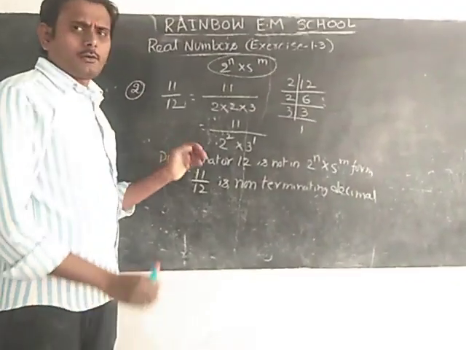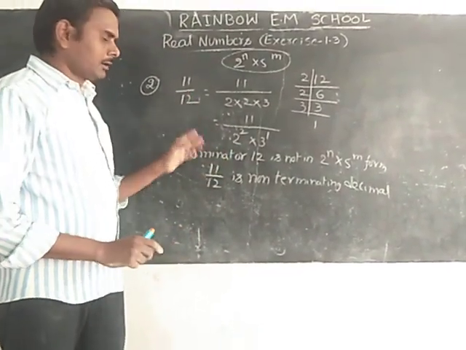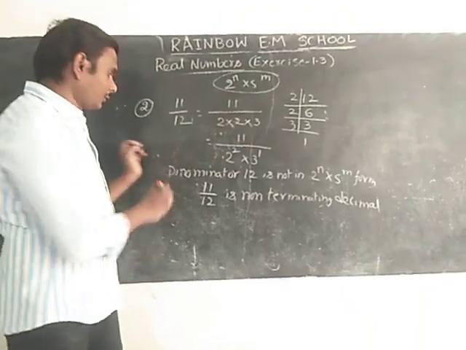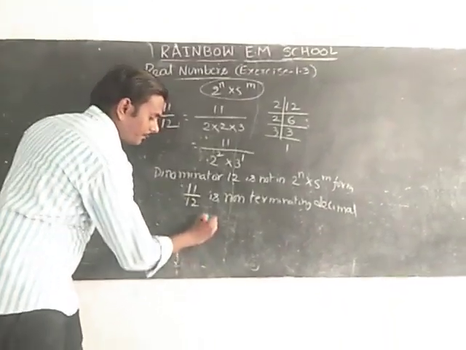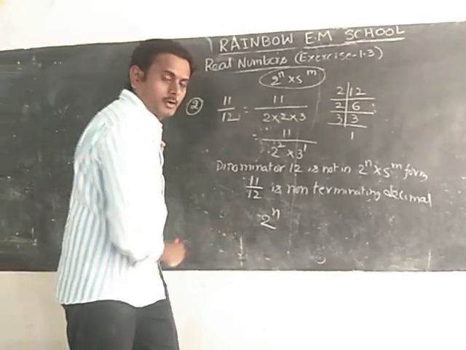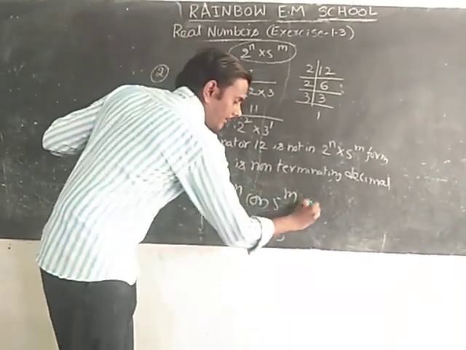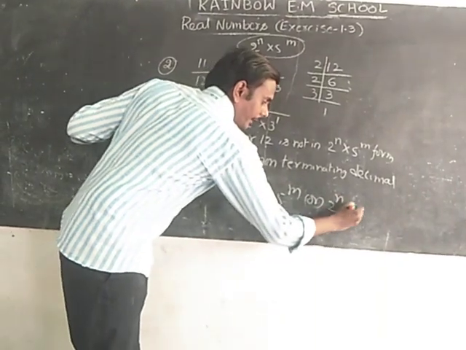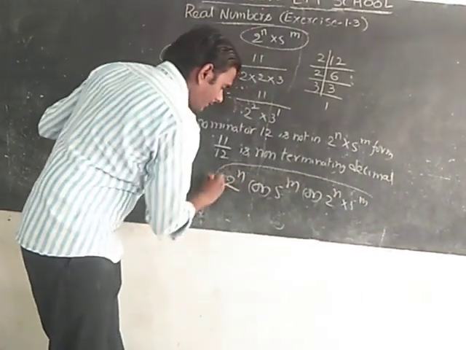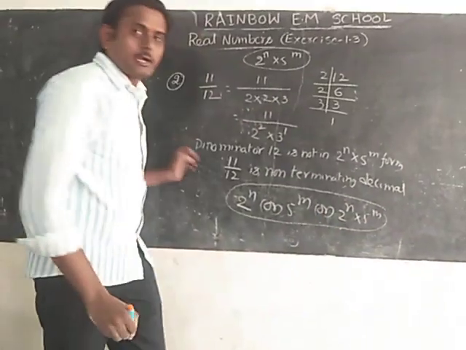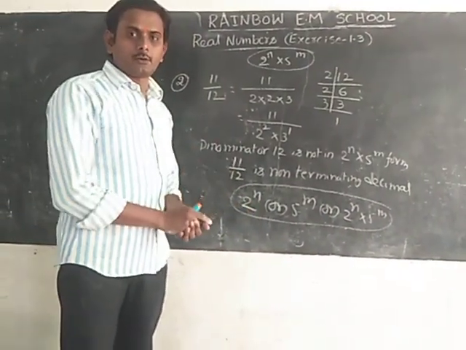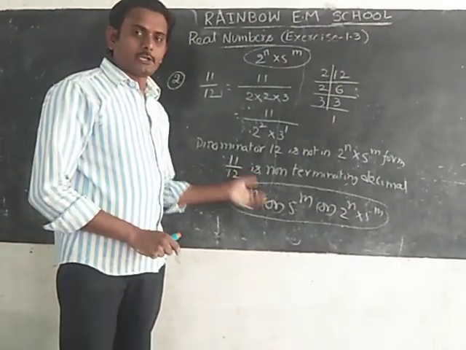One thing to remember, no need to confuse for this model. Whenever you factorize, the denominator should have 2 power n form, or 5 power m form, or a combination of these two, 2 power n, 5 power n. Only these three combinations are available at the denominator place, and we can conclude that it gives a terminating decimal.